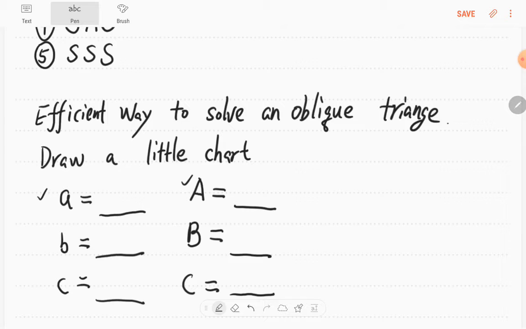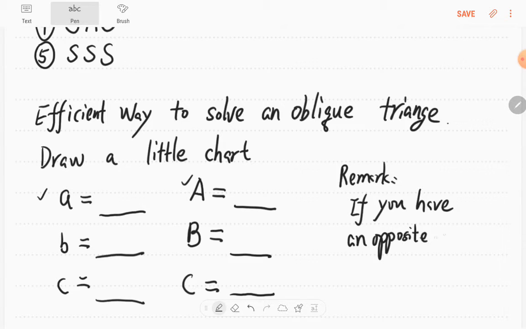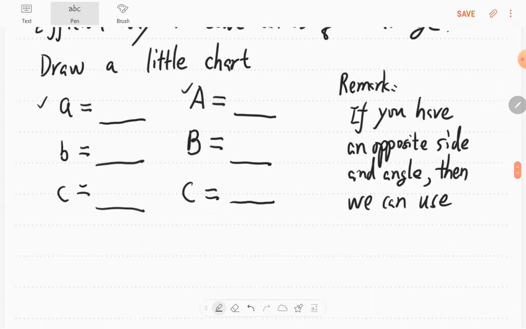Here is a remark for this chart: if you have an opposite side and angle, then we can use the law of sine.